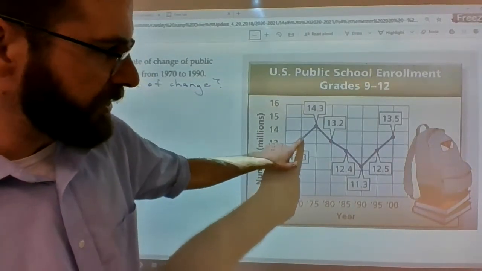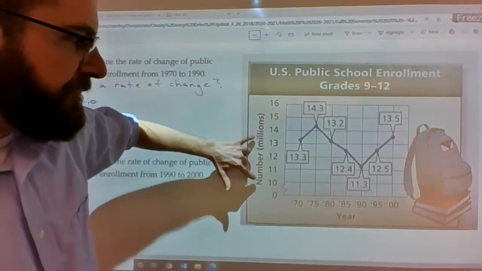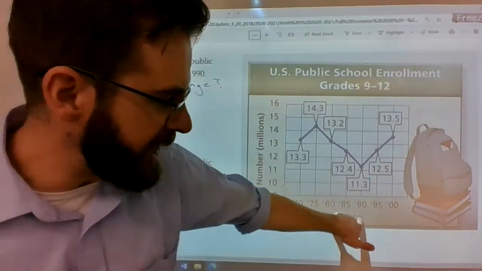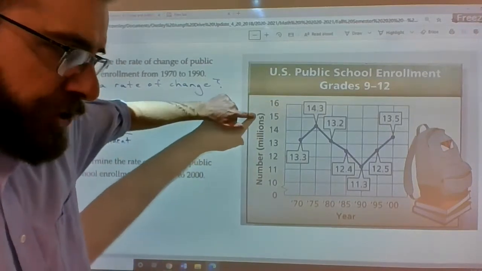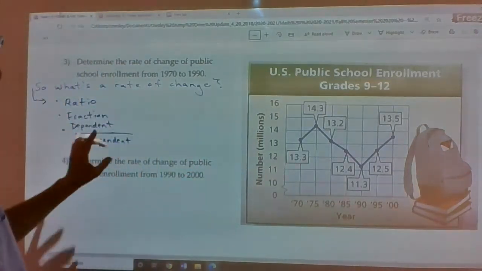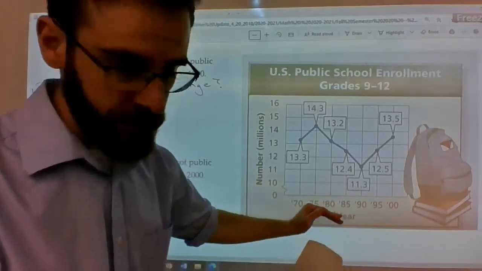And then it talks about how it kind of moves along. This rate of change is going to compare the dependent variable, millions of students, divided by how many years have elapsed, the number of years, right?